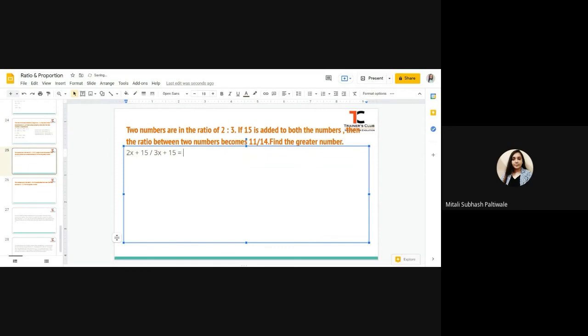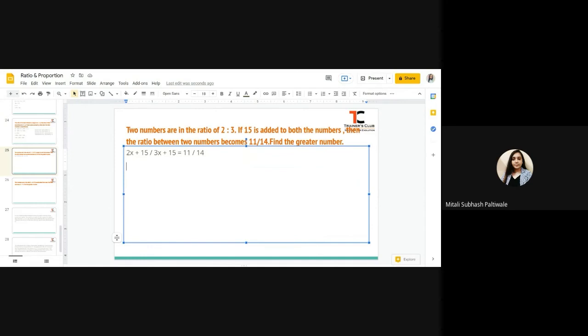So after adding 15, the ratio will become 11/14. So we have to find the greater number, that is 3x. So now we need to do the cross multiplication and quickly find this out. Okay.